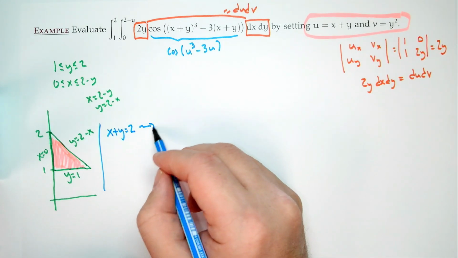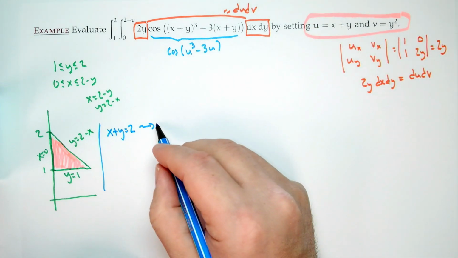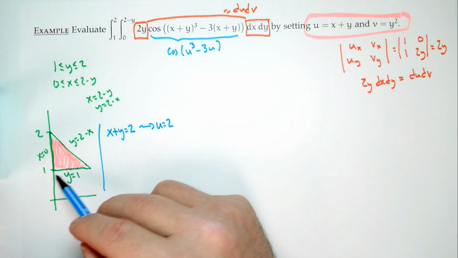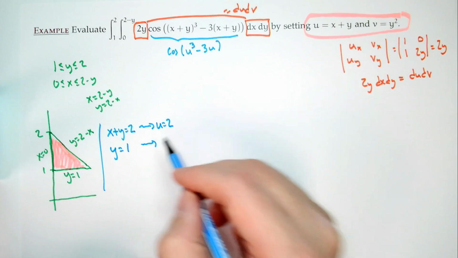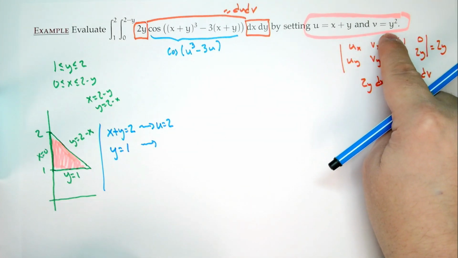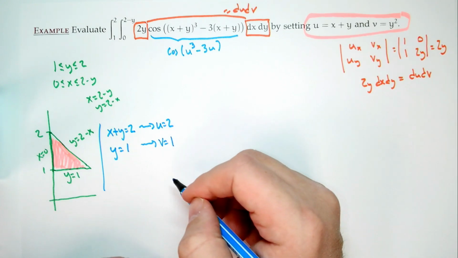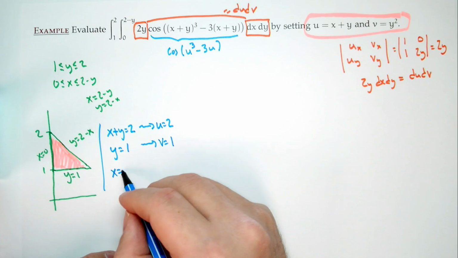And that one's pretty straightforward. x plus y equals 2 tells us that u equals 2. y equals 1, well, that's not so bad. If y equals 1, then that tells us that v equals 1. Straightforward.